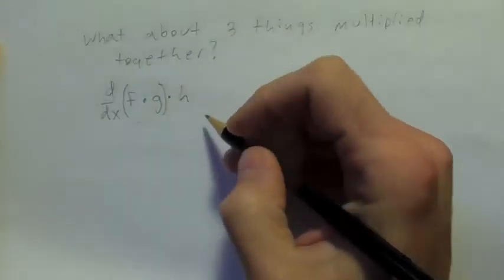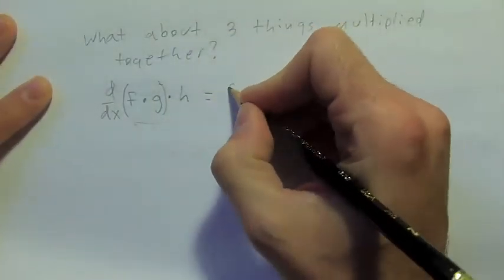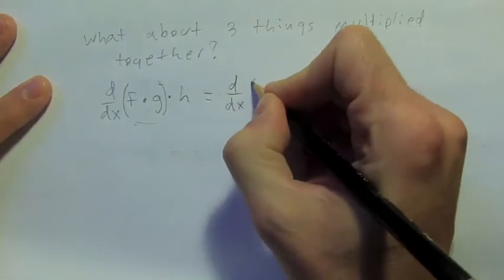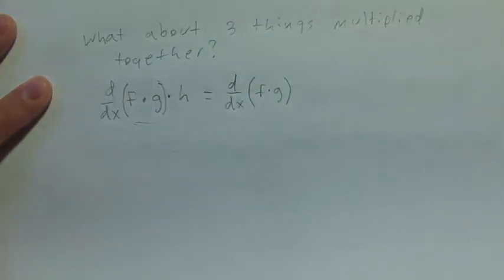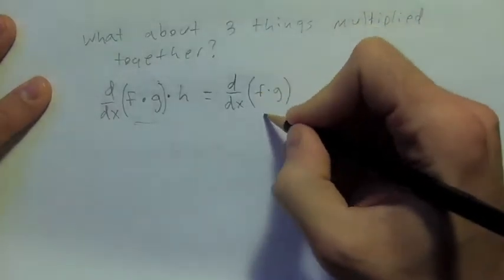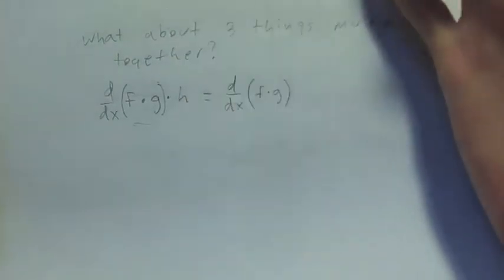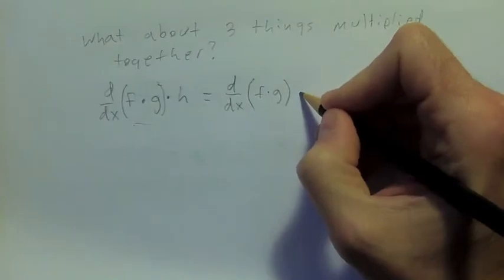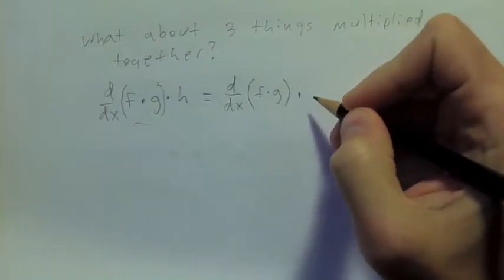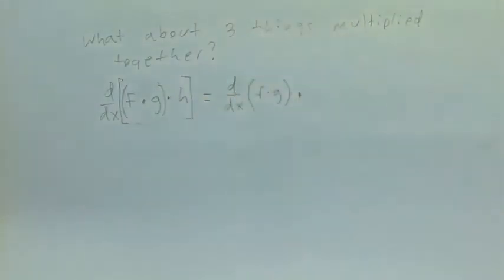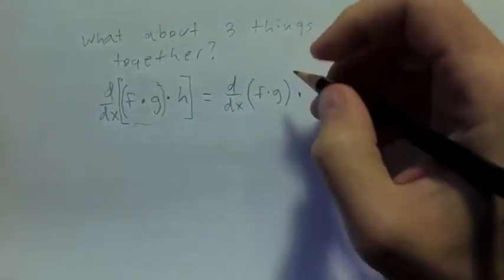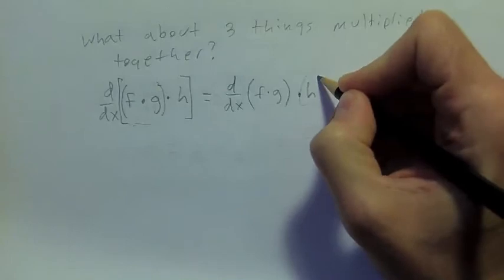Okay, so using the product rule, this would be the derivative of the first guy, which would be f times g, which in turn will be a product rule. So this is essentially a product rule within a product rule, right? Then, just so that's clear, times h left alone.